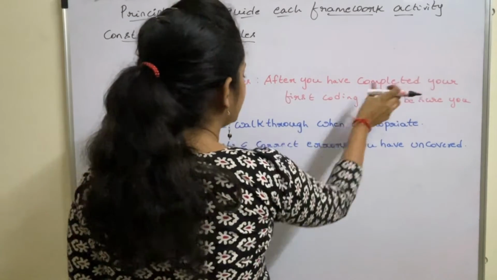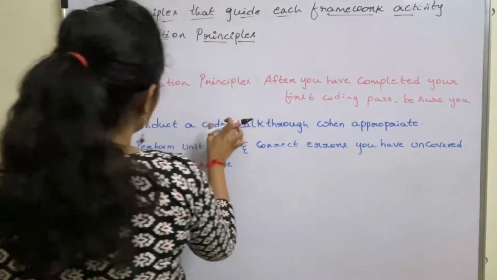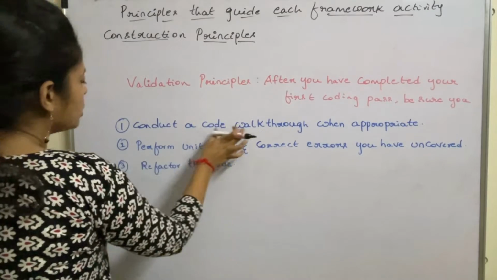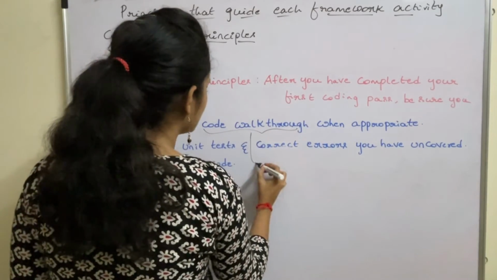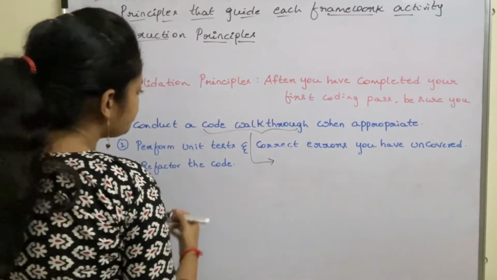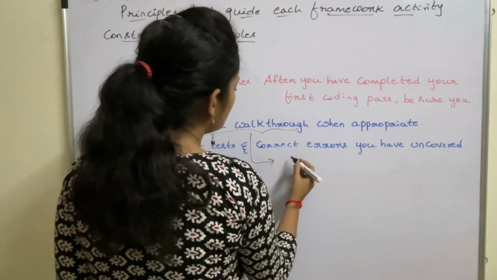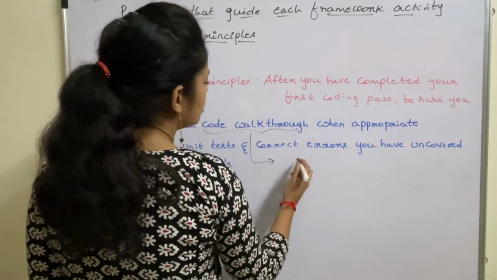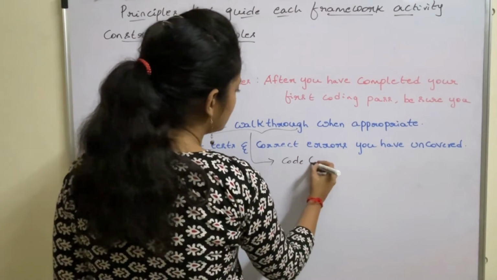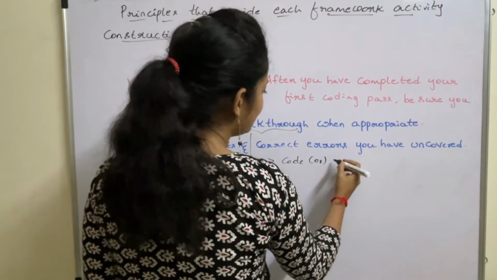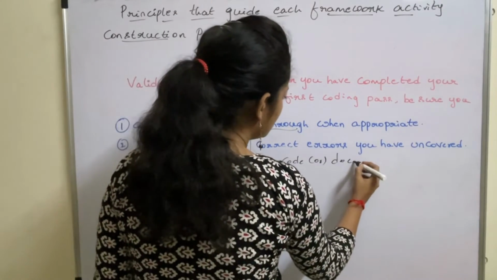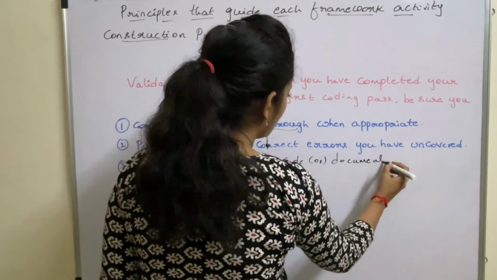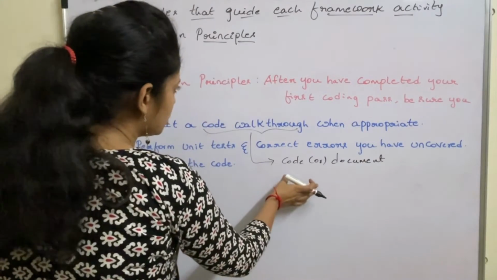After you have completed your first coding pass, go through the principles. Conduct a code walkthrough when appropriate. A code walkthrough is an informal way of testing. During a meeting, the author reads the code or document, whereas other members note down important points about the code or document, or note any defects.